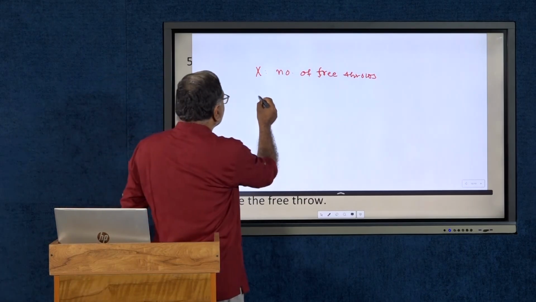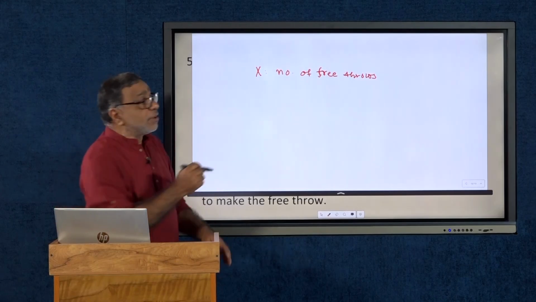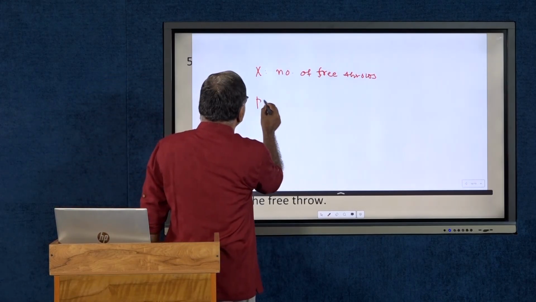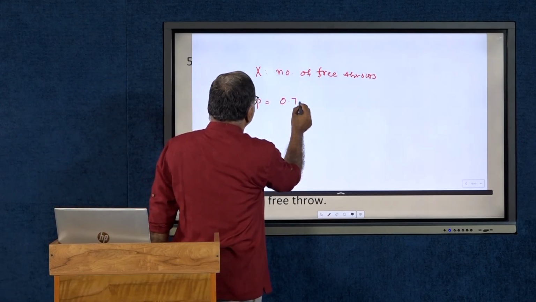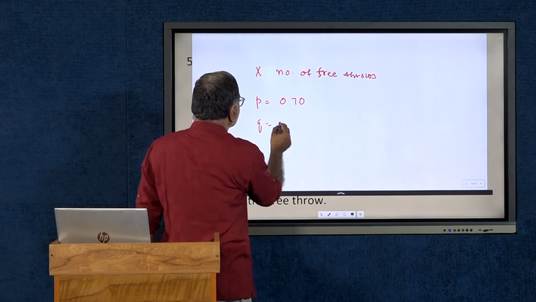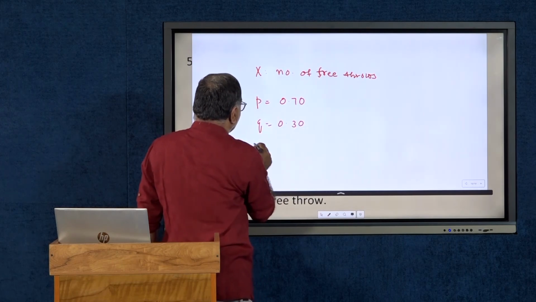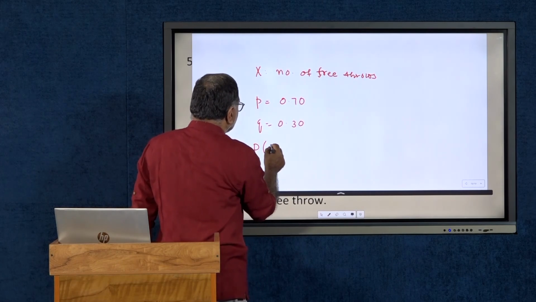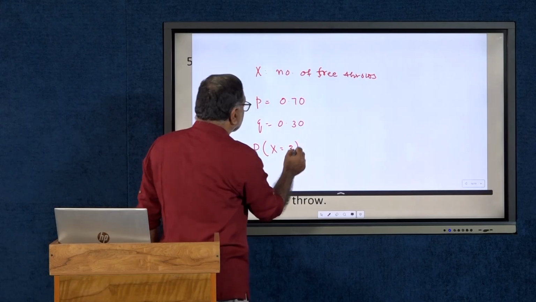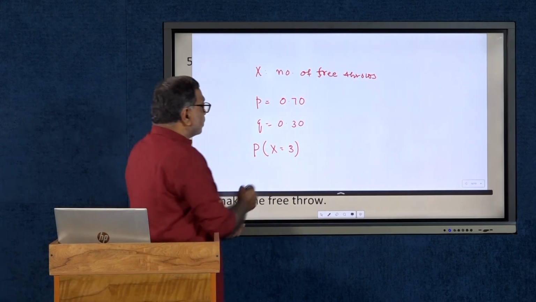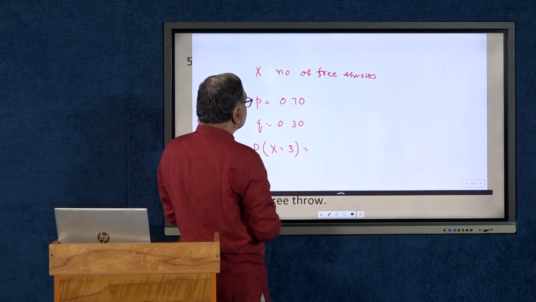What is the probability value given? 70% chance. So p is equal to 0.70 and q is equal to 0.30. What is the probability that he makes the throw on the third attempt? That means the probability of X equal to 3.